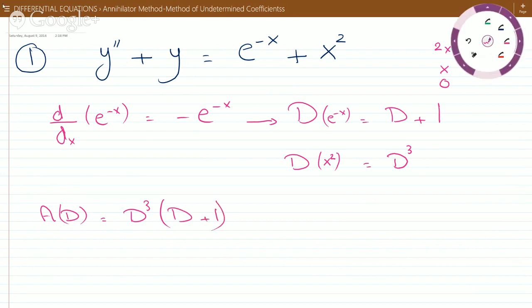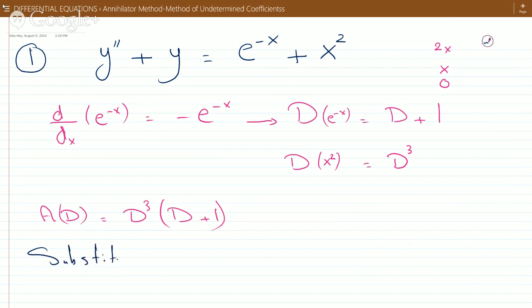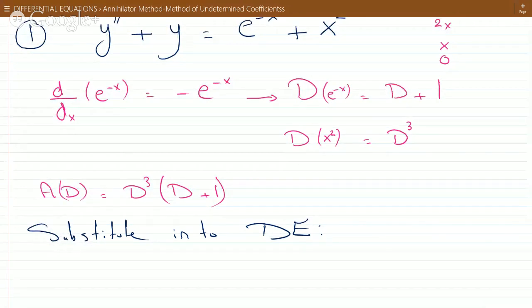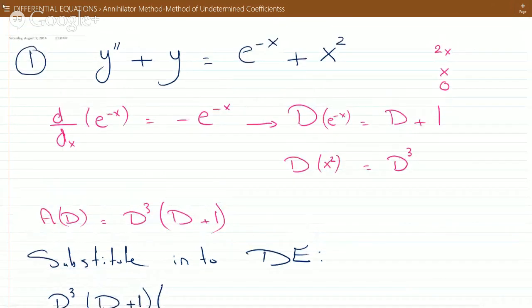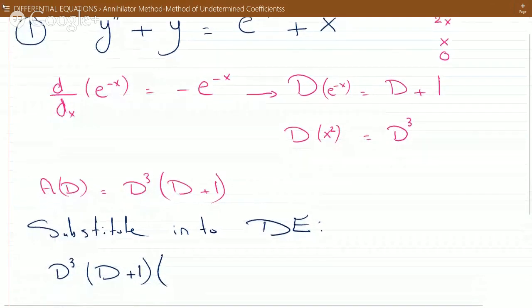Okay? So now we're going to plug this into the differential equation. So here's the step I'm talking about: substitute into the differential equation. We apply the annihilator to this, so we get D cubed times D plus 1 times D squared plus 1, applied on y, because I'm applying this on the left side.